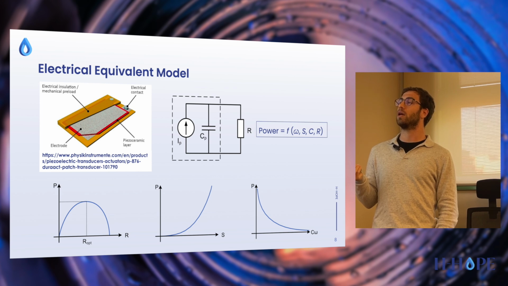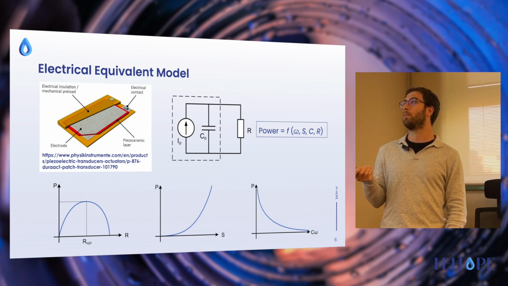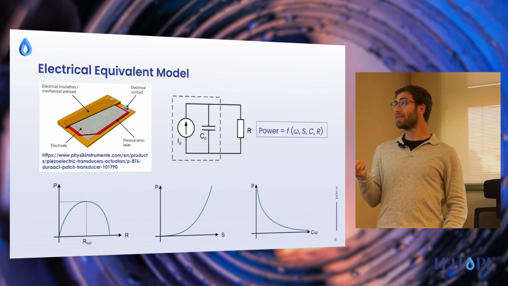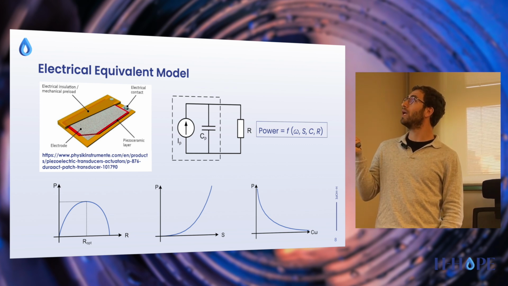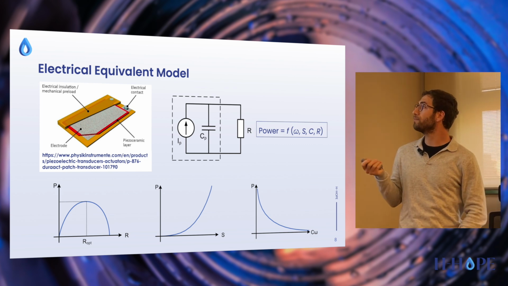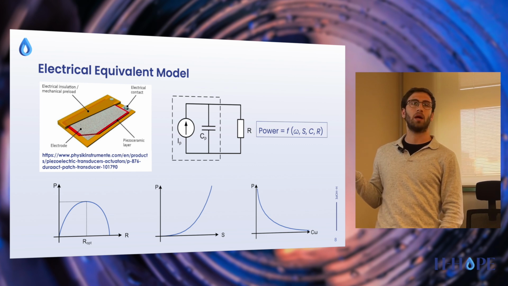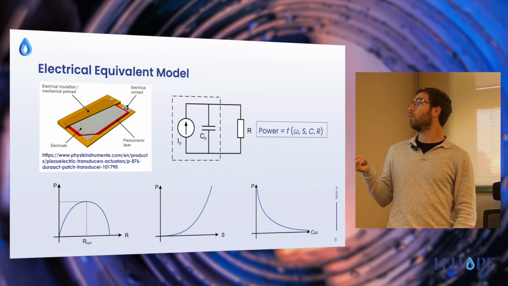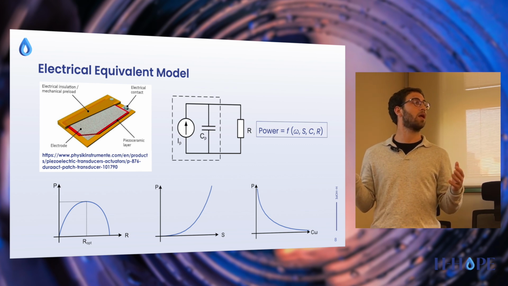Also, we can see that the more strain we put on the piezoelectric patch, the higher the power we obtain. Indeed, it's a square relationship. Regarding capacitance, as we increase the capacitance, the power we extract is less. And regarding the frequency, in hertz, we can increase the power extraction linearly.